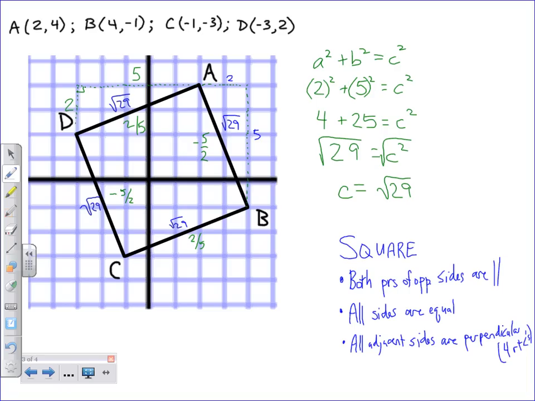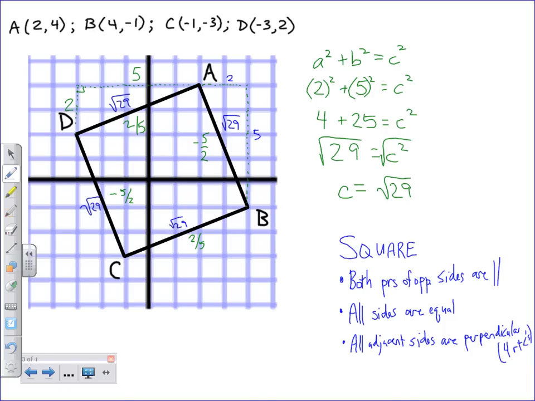Because all sides are equal, that's a defining characteristic of a rhombus, and all adjacent sides are perpendicular, 4 right angles, which is a defining characteristic of a rectangle. We have a rhombus and a rectangle, which is a defining characteristic of a square. So therefore, a square is the most specific for this type.